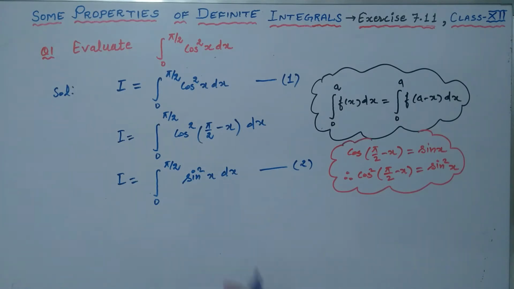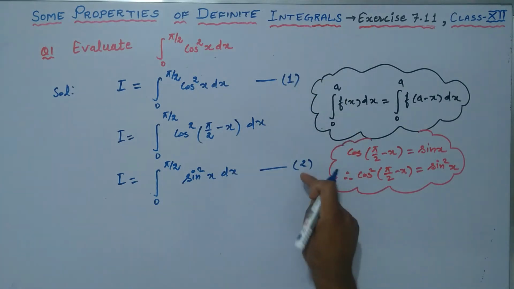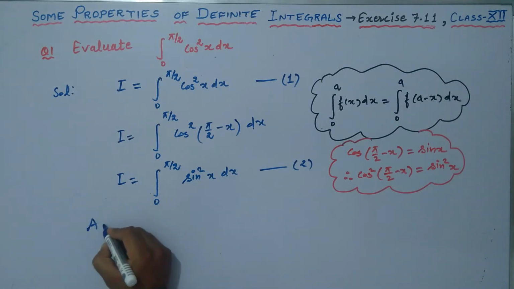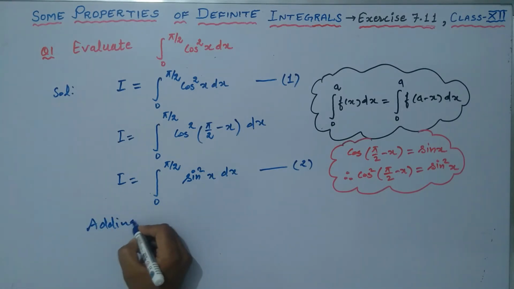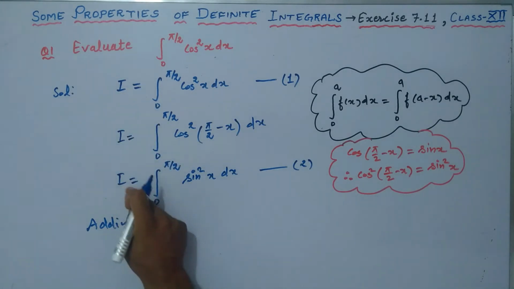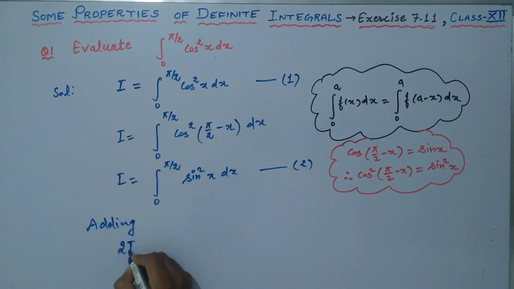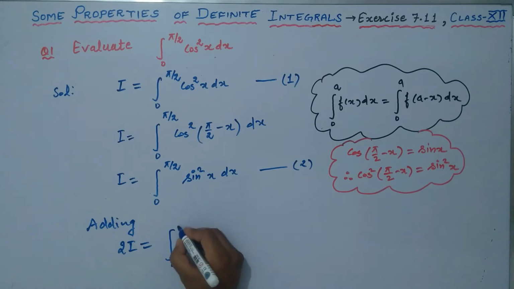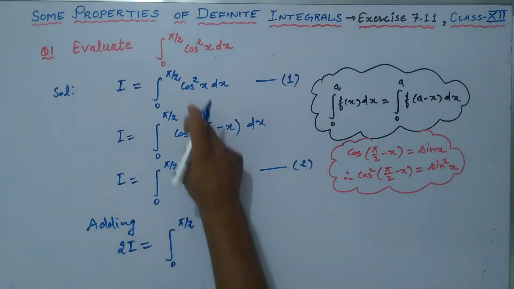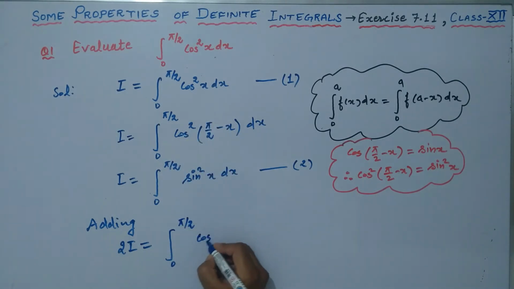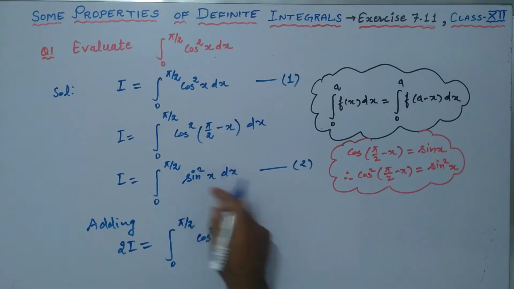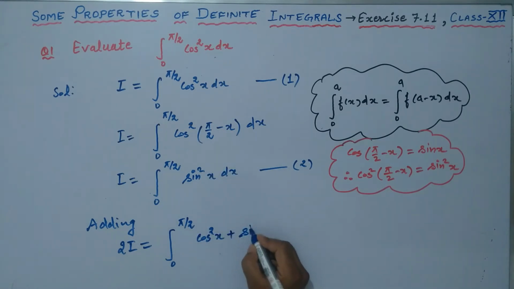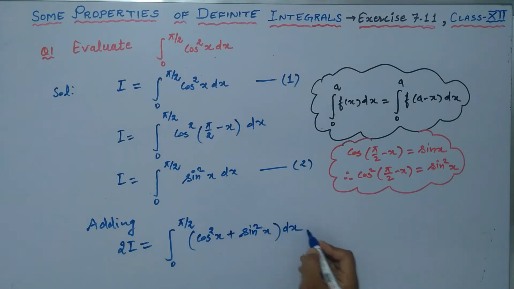Now what we are going to do is add equation number 1 and equation number 2. I plus I becomes 2I. This is equal to, because limits are the same, so we write them one time, cos square x plus sine square x, outside the bracket we have dx.